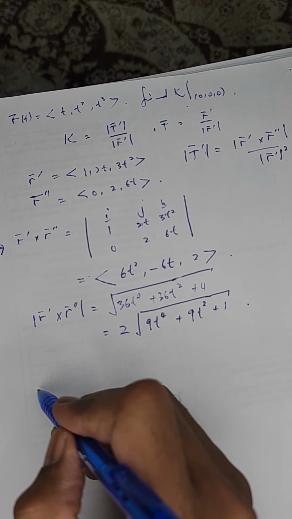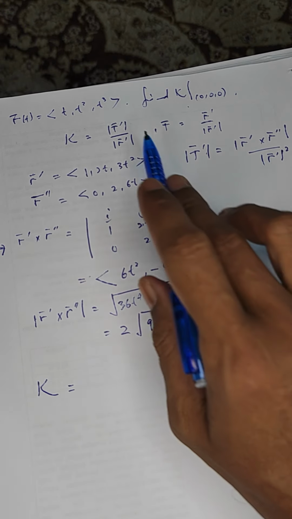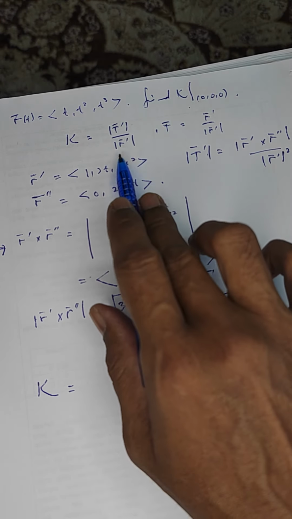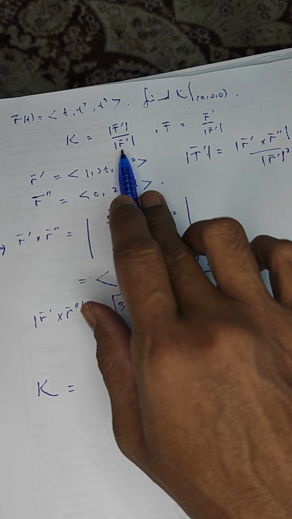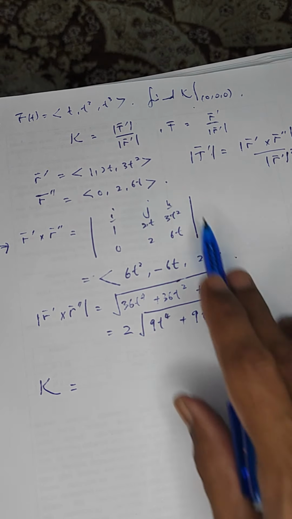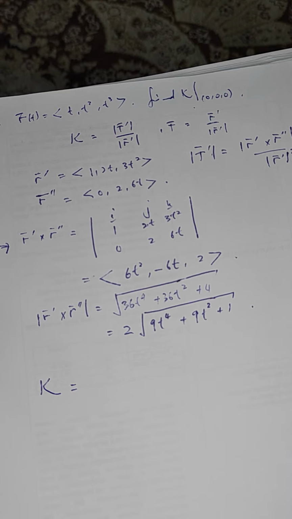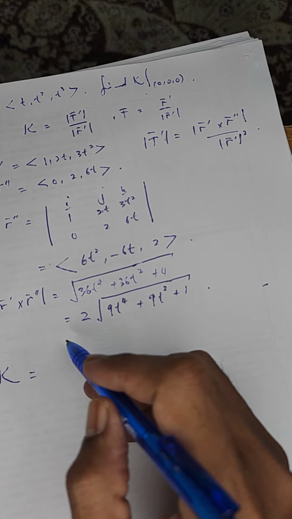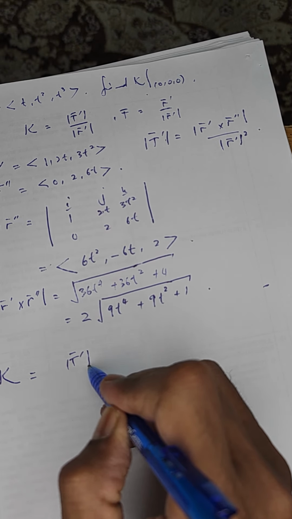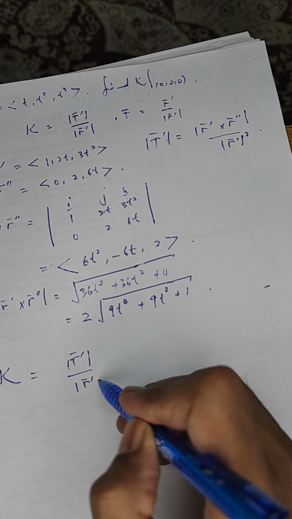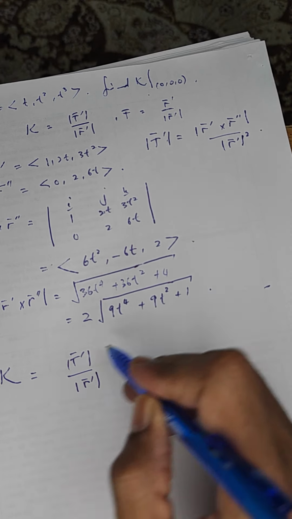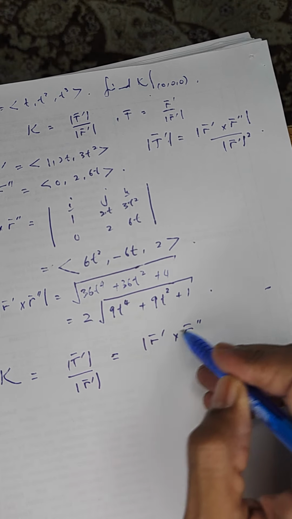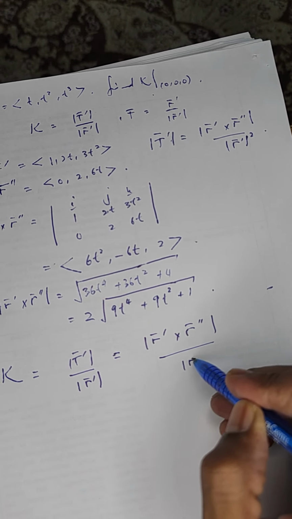So therefore kappa, we use that definition. We have T prime is given there, T prime over r prime. Where is it? I think we have okay, that's correct. Okay, so kappa is magnitude of T prime over magnitude of r prime, and this is equal to magnitude of r prime cross r double prime over magnitude of r prime cubed.